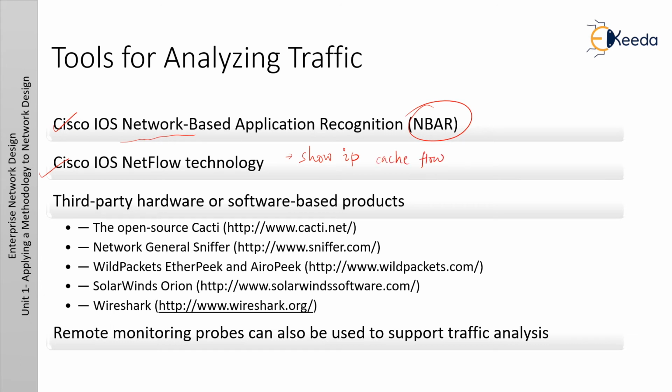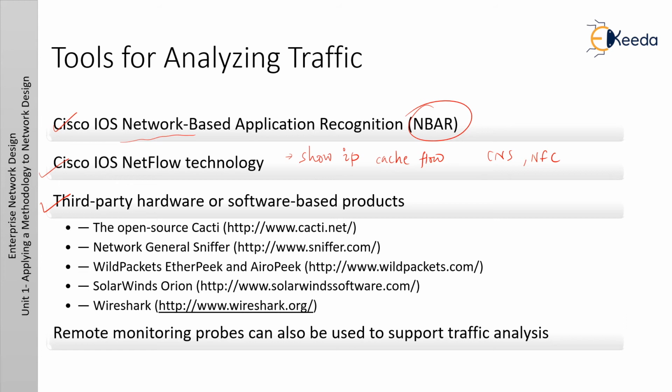Cisco Network Service CNS NetFlow Collection Engine NFC allows automatic information gathering of each flow in the network agent. Then come third-party hardware or software-based products, which can be used to analyze traffic in different subnets of the network.